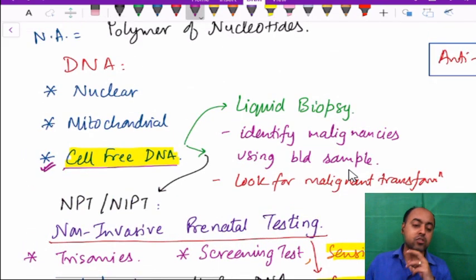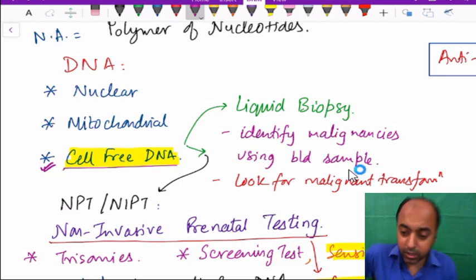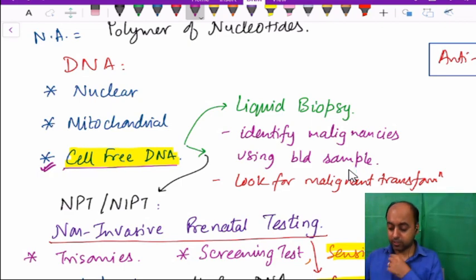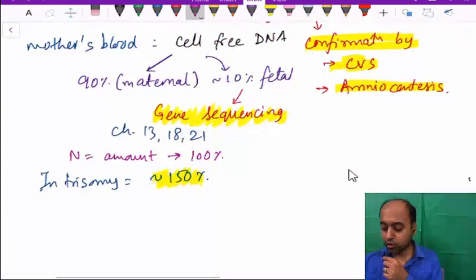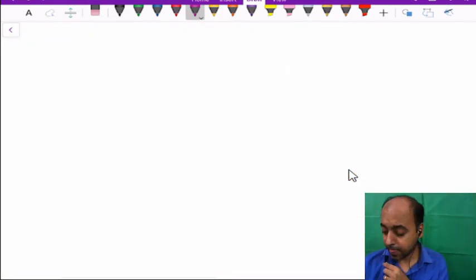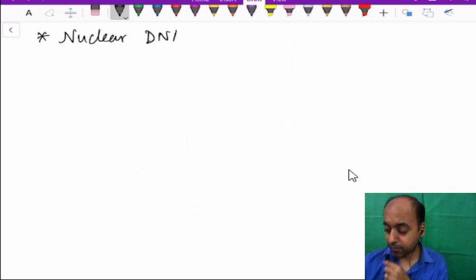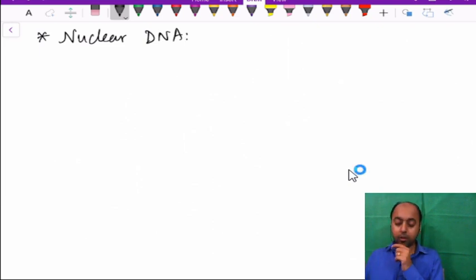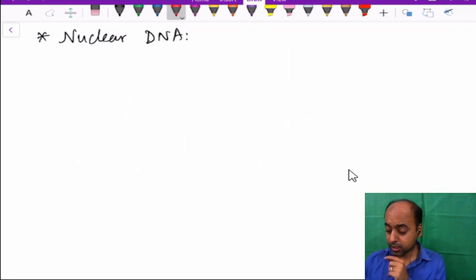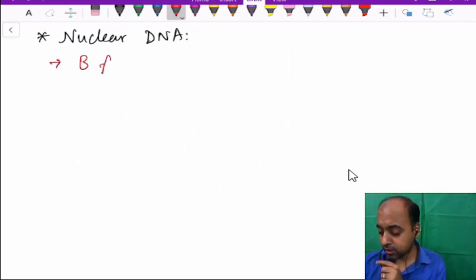Now let us first talk about the nuclear DNA, and then we'll talk about the mitochondrial DNA. So let's move on to nuclear DNA. When you talk about the nuclear DNA in humans, it has a large number of different conformations, but the most common conformation is the B form.